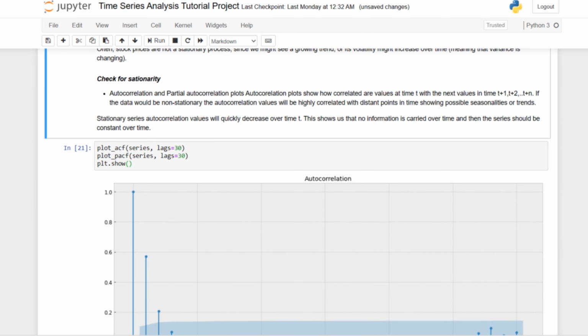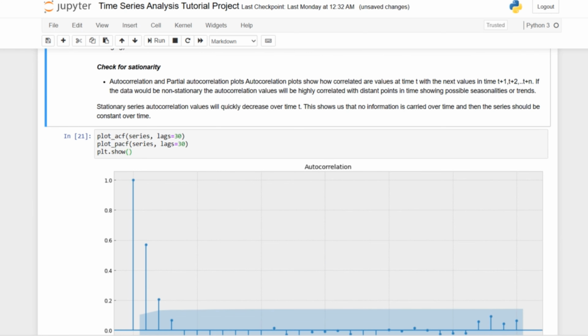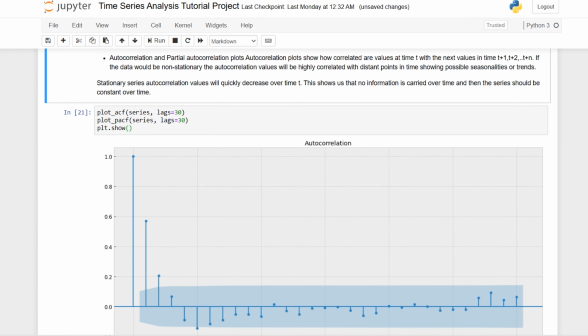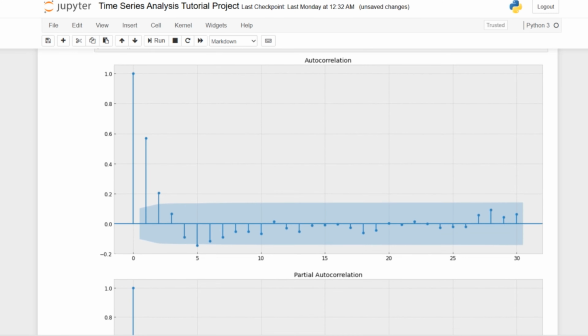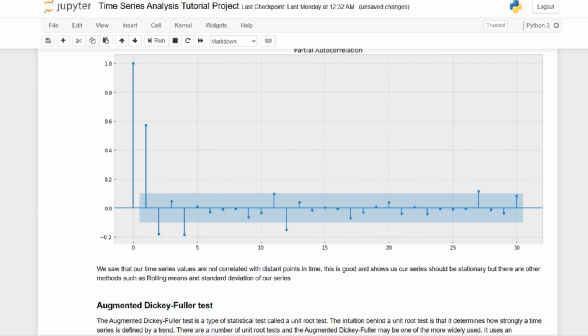If it's quickly decreasing, it means that your time series is stationary. You can see here it has definitely reduced quickly. The first one is the autocorrelation and the second one is the partial correlation. Since it quickly reduced, we can see our time series is not correlated with the points, so this shows that our series is definitely stationary.